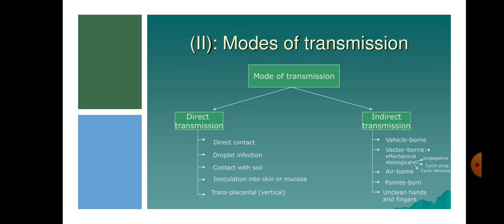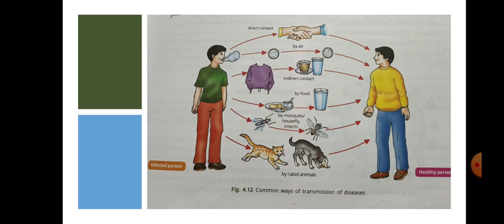The pathogens of a certain disease infect a healthy person directly without an intermediate agent. It can take place by various means. First, direct contact between the infected person and the healthy person. Direct contact with the discharge from lesions or sores on the skin may cause infection.